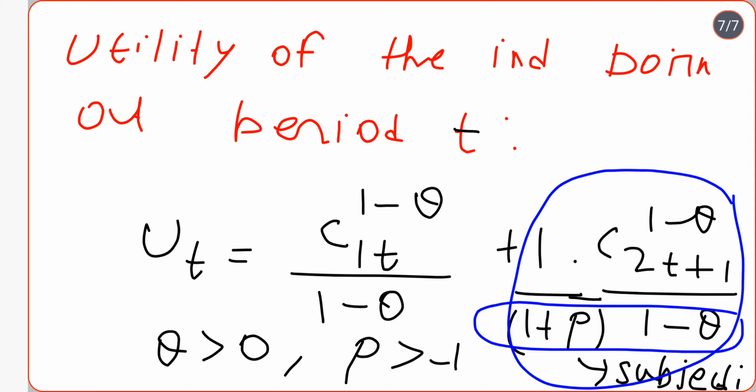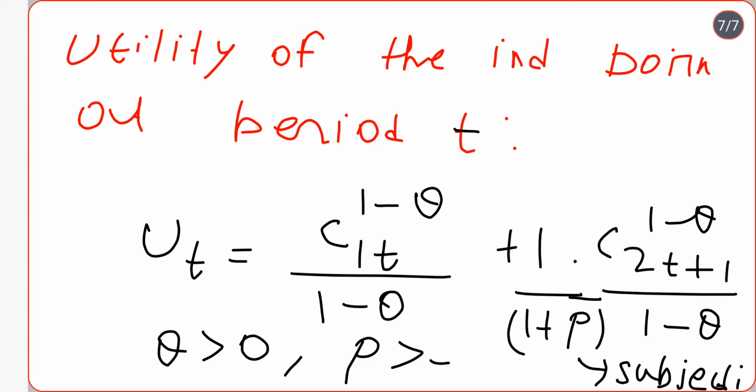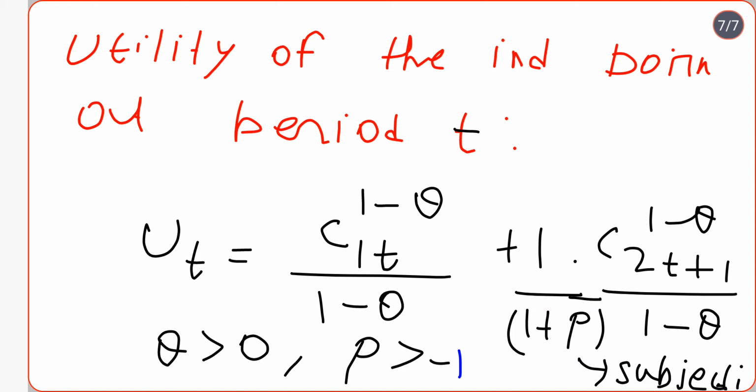So we are giving much more importance to the first period when rho is greater than 0. And when rho is smaller than 0, then this denominator becomes smaller, this entire fraction becomes greater, and we are giving greater importance or greater priority to the second period. So that's how we can do it.